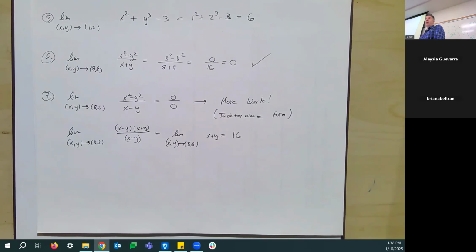This function isn't defined at the point 8, 8, or actually at any point along the line y equals x.